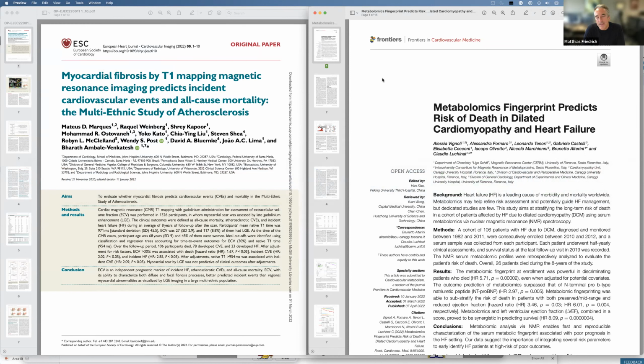That's from the MESA trial. So it's about prognosis, and the same for the other paper from an Italian group from Florence, published in Frontiers in Cardiovascular Medicine, called Metabolomics Fingerprint Predicts Risk of Death in Dilated Cardiomyopathy and Heart Failure. So next month it will be about prognosis and using tissue characteristics for predicting outcomes.